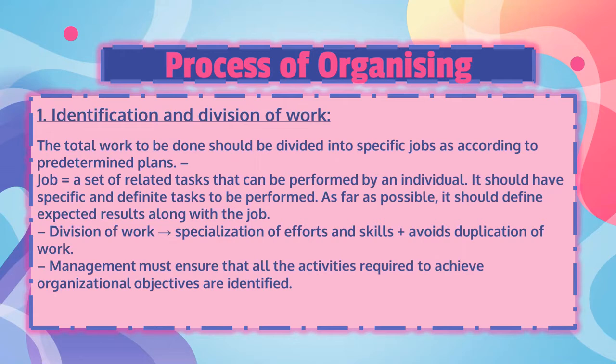So now our task is to produce so and so amount of goods in the month of January. Okay, but how can we do that in the month of January? So for that we have to divide the work specifically.